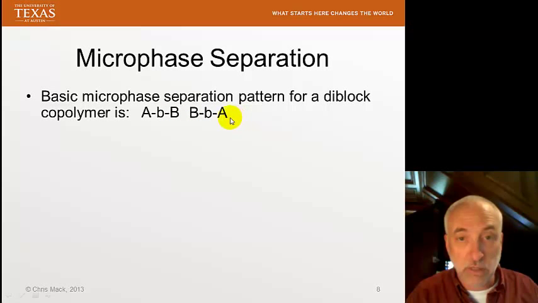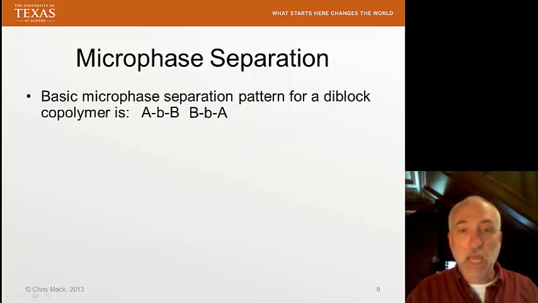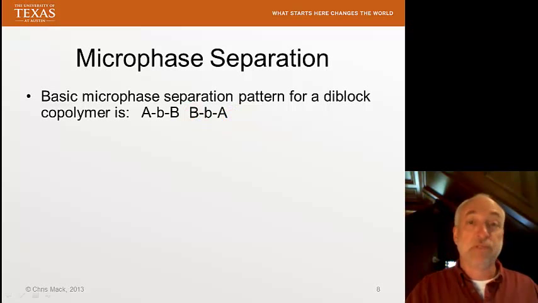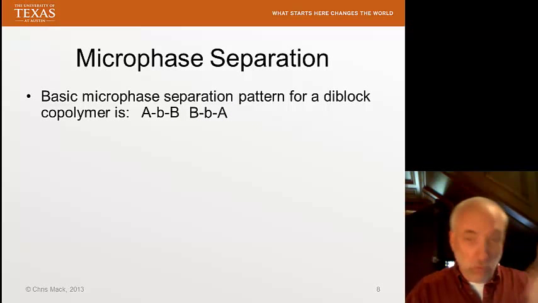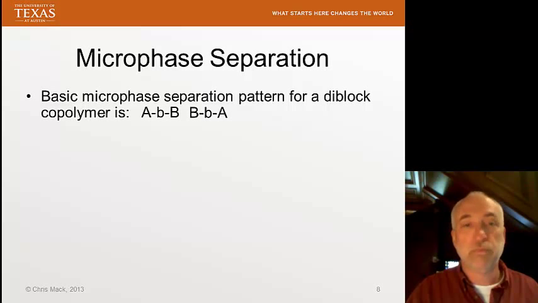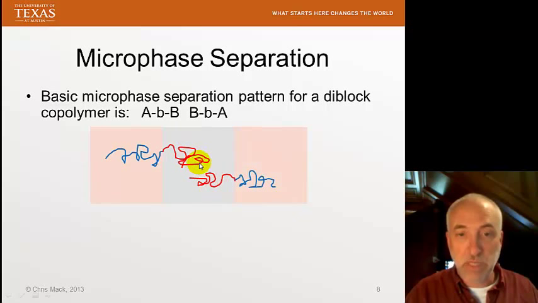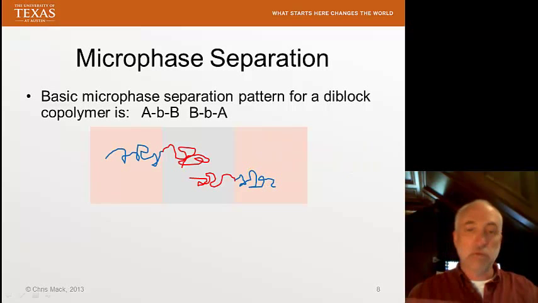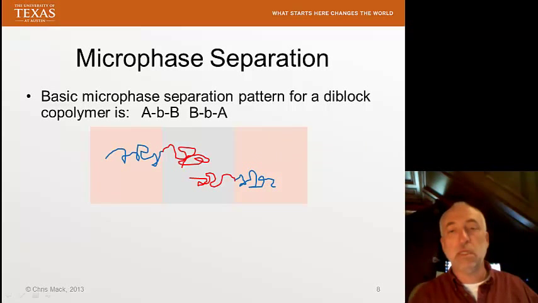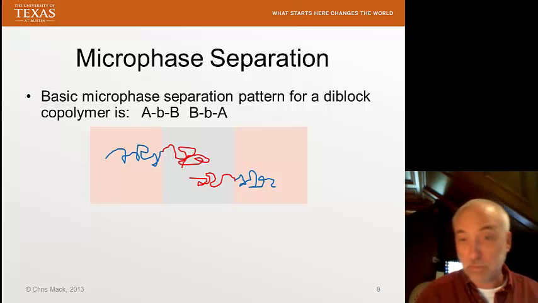B's like each other, A doesn't like B. It happens not just with two block copolymers, but with lots of them. And so we'll get layers of A's and B's, where the B's line up next to the B's and the A's line up next to A's, and this will continue on repeatedly in arranging itself in this fashion.